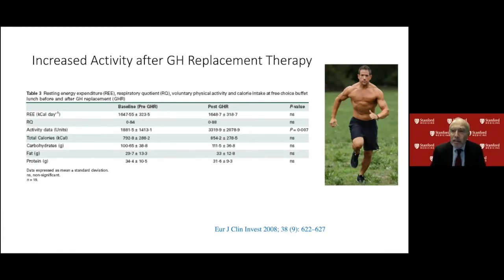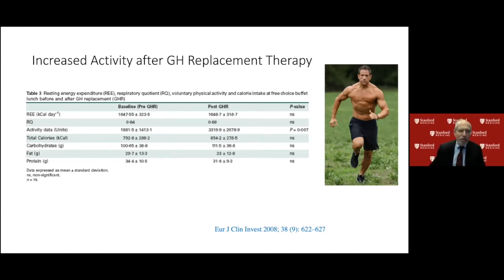We suspect that giving growth hormone therapy will increase patients' exercise. And we think it does this by making them generally feel better and feel stronger. There haven't been very many studies, but this one here that was published a decade ago looked at patients before and after they received growth hormone therapy.